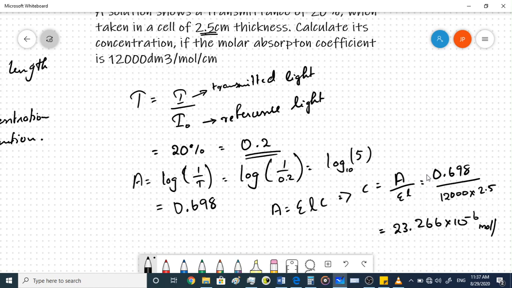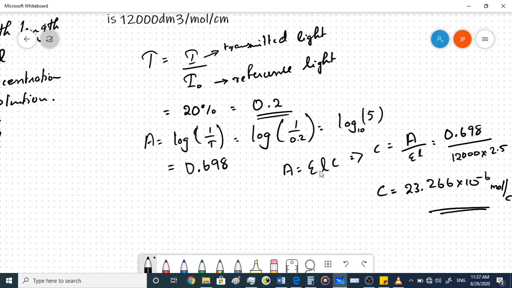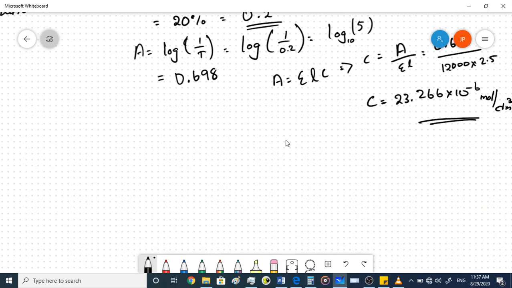So this is the concentration of the solution that we have taken. I hope this is clear.